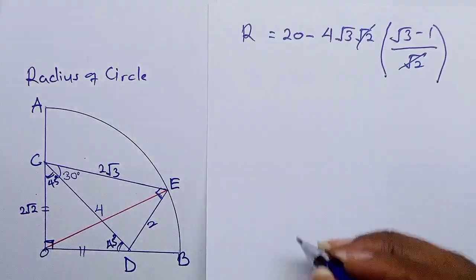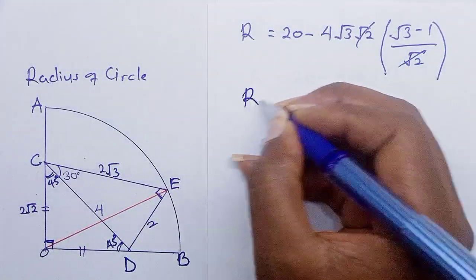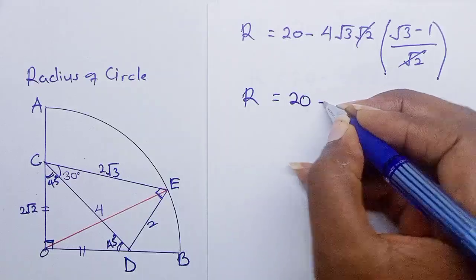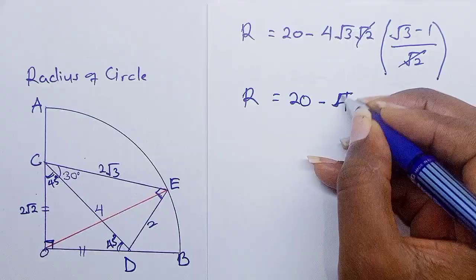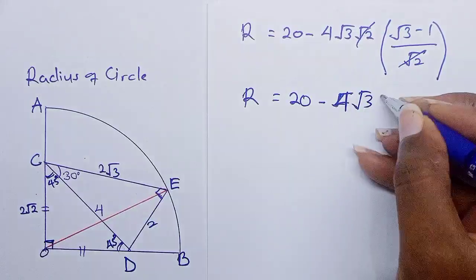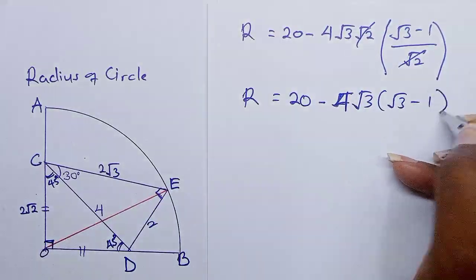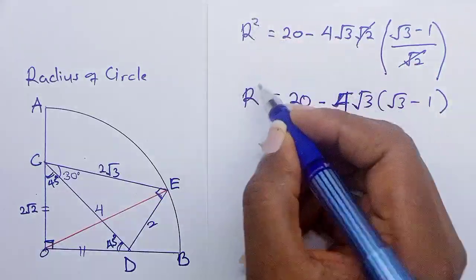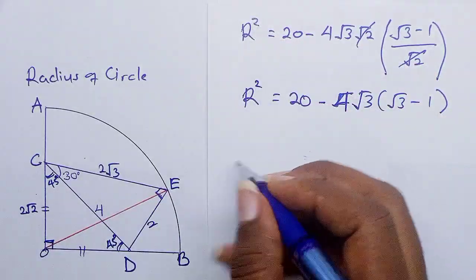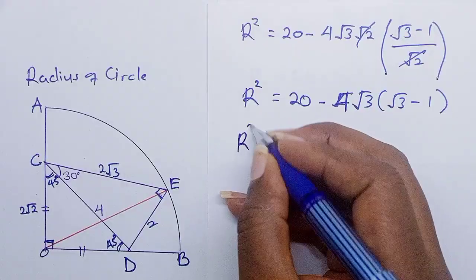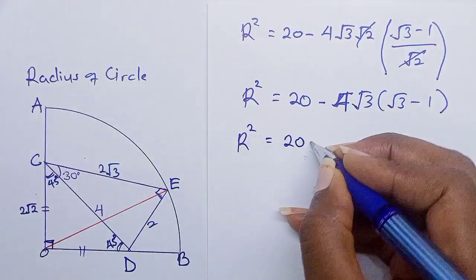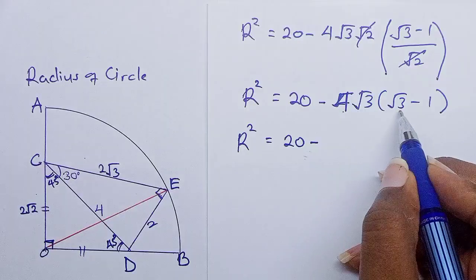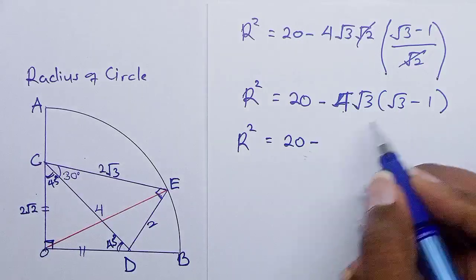And we have R being equal to 20 minus 4 root 3 into root 3 minus 1. Sorry, this is R squared. I don't know why I've been writing R. So R squared is equal to 20 minus 4 root 3 times root 3. Root 3 times root 3 is 3.